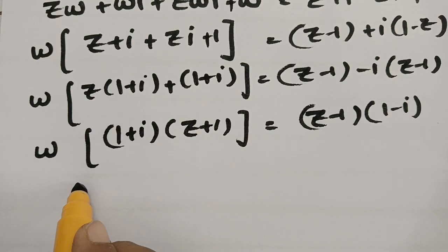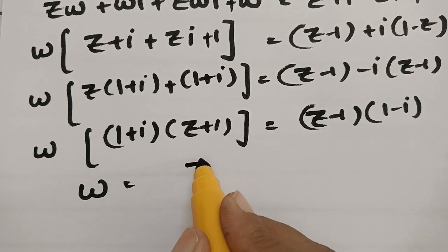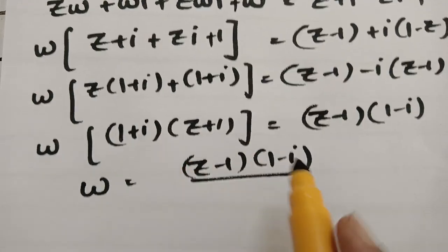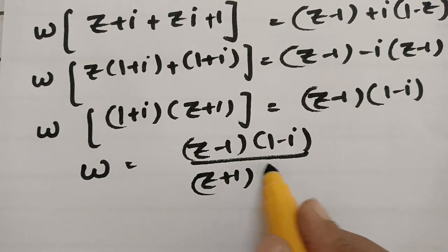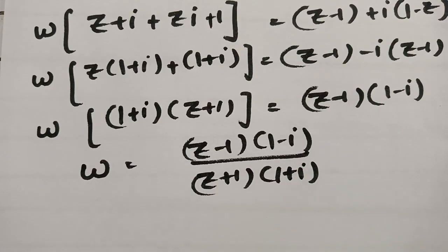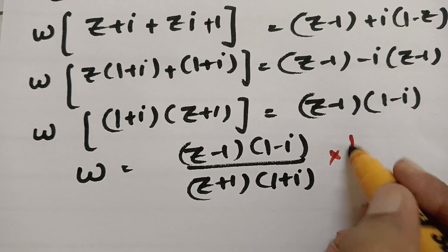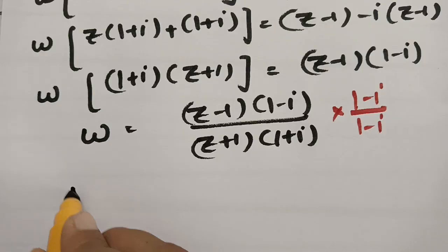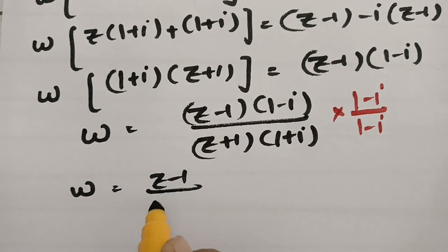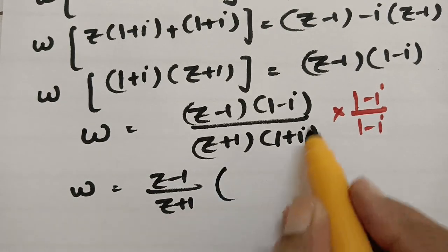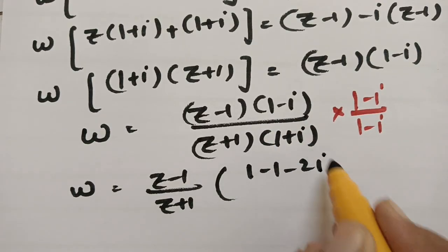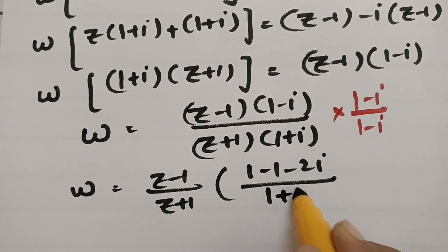So here w is going to become, if I send to the other side, this is (z minus 1) into (1 minus i) divided by, so this is (z plus 1) into this value is (1 plus i). So in order to balance or rationalize, I am going to multiply with 1 minus i, and this is 1 minus i. And see, w value is going to become, this is z plus 1, and it is going to become a minus b whole square, a square minus b square minus 2i, and this is 1 plus 1, 2.